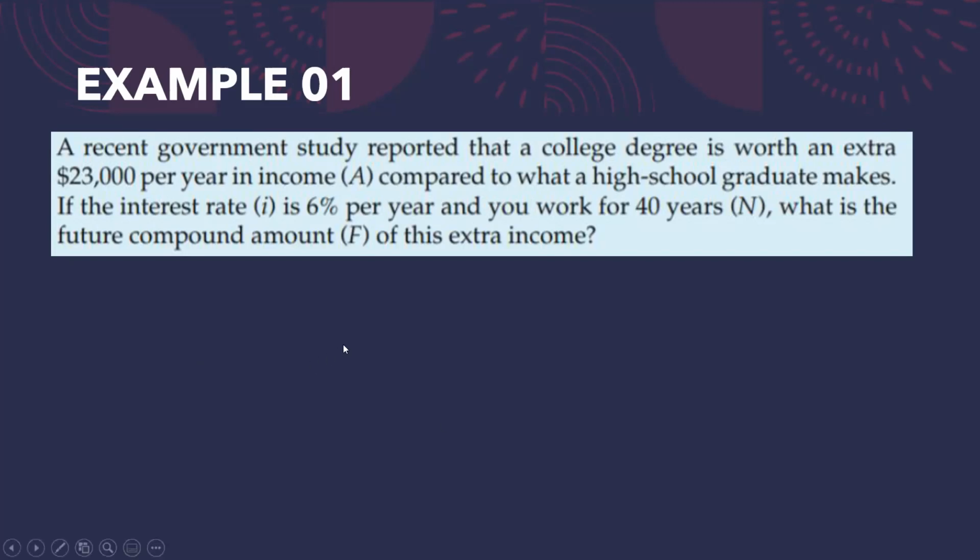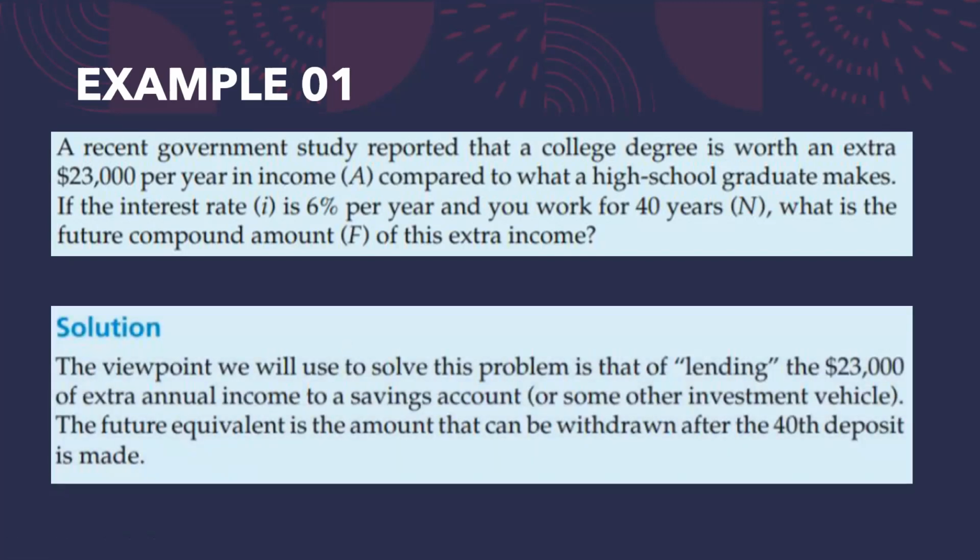If I give you a hint, we should use the same viewpoint that we used to solve this problem, which we actually used for the lending of money last week as well. So if we lend the 23,000 of extra annual income to a savings account or some other investment vehicle, the future equivalent value is the amount that can be withdrawn after the 40th deposit is made. So something related to that. Is it the same way that you thought of this question? I mean, the two students who have answered, you can put yes or no in the chat.